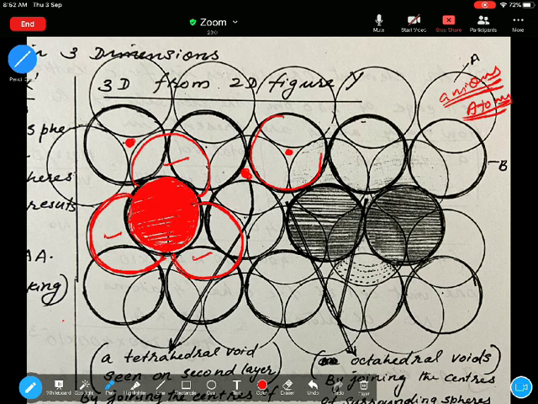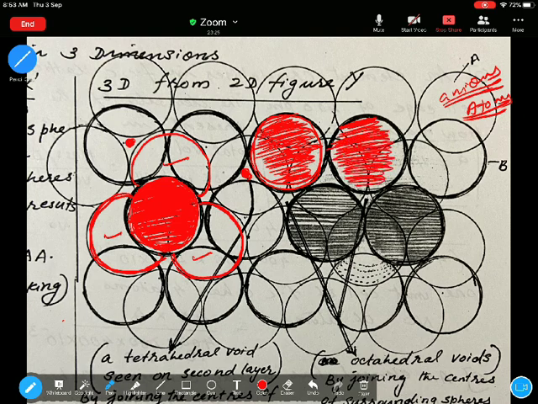I am going to shade this ball again. Now you will not see that gap. Similarly, this is a tetrahedral void which is constructed by 3 spheres or 3 atoms of the first layer and 1 ball, 1 sphere of the second layer.